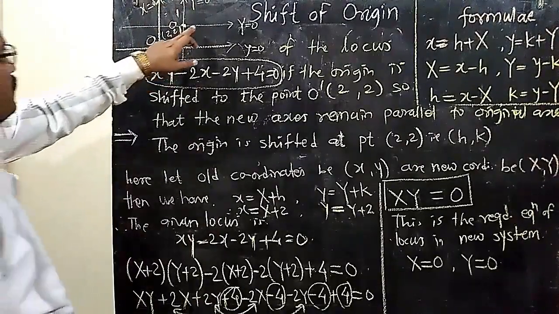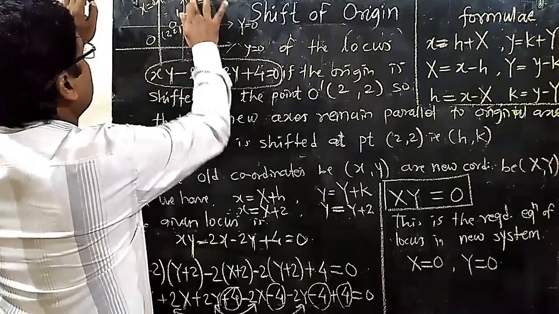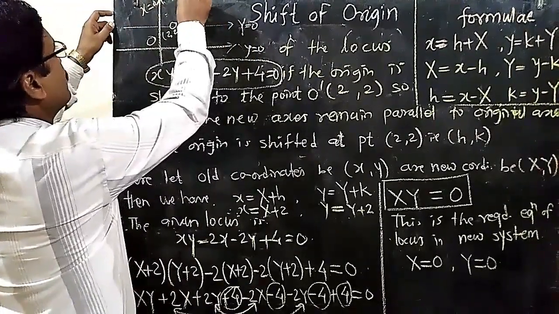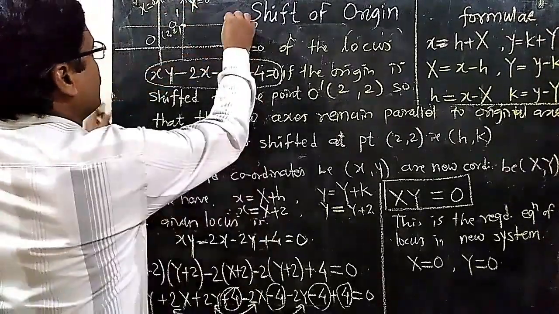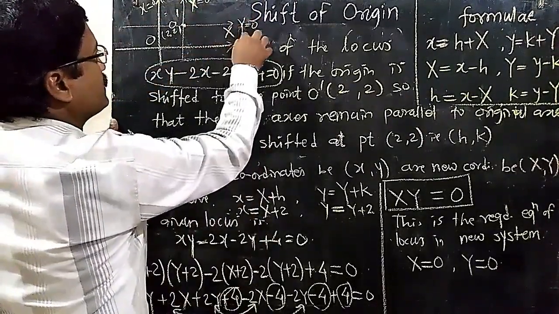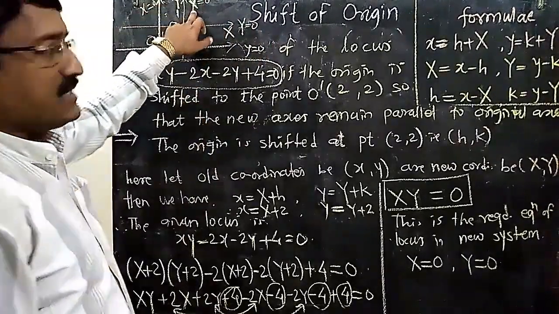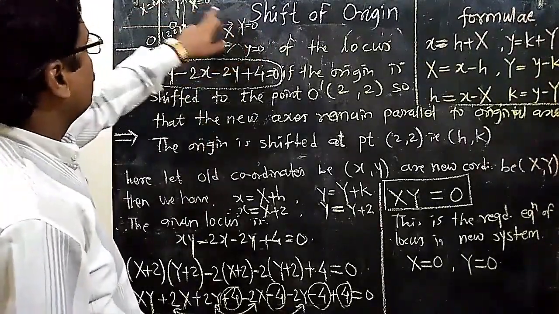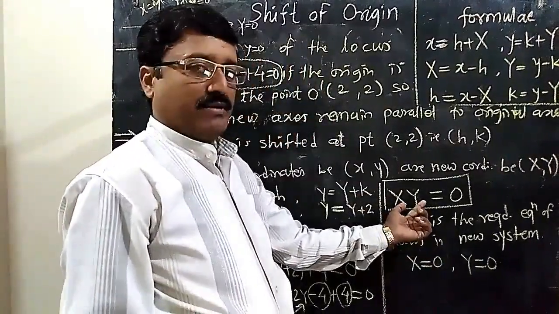So these are the equations of axes in the old system. This is our actual x axis, its equation is y = 0. This is our actual y axis, its equation is x = 0. These are the two equations, and this is their combined equation.